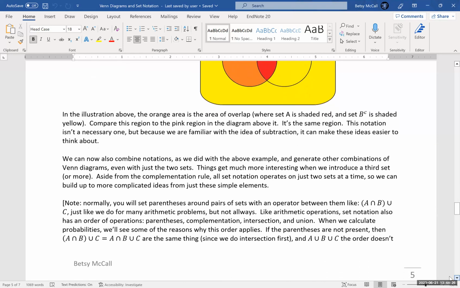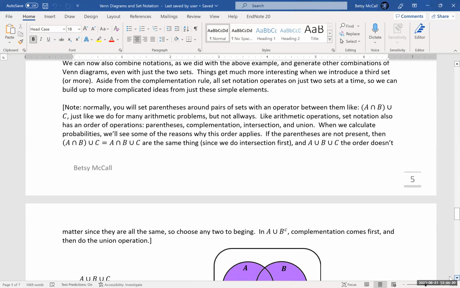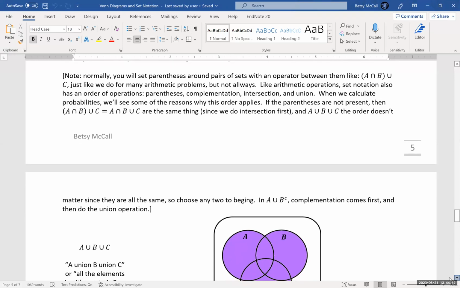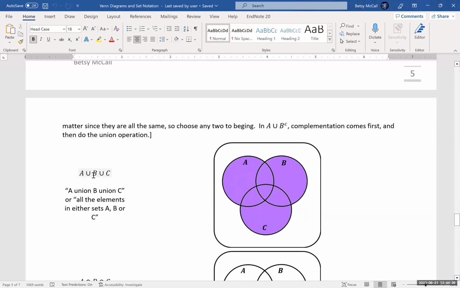Now, you can also do these Venn diagrams with more than 2 sets, and that's usually where it can be really helpful. So I'm just going to do a couple of examples. A union B union C is all the elements that are in A or B or C. Because these are all unions, they're kind of like addition signs in some sense.